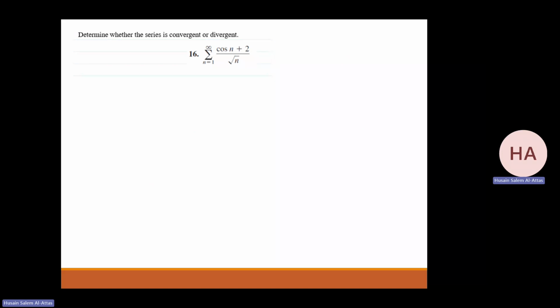What do I have in my mind? I have in my mind the square root of n, and that 1 over square root of n is a divergent series. I know it's a P series. So try to make this greater than 1 over square root of n. So it's bigger than a divergent series, so it will diverge.